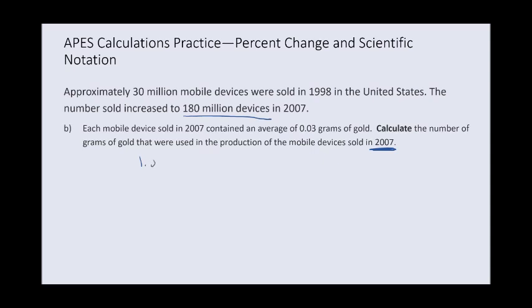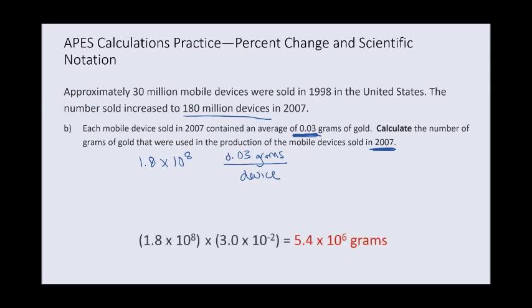So the 1.8 times 10 to the 8 number of devices. It also tells us how many grams of gold are present in each one of these devices. So I've got 0.03 grams per device. And that's really all that I need to know here. So let's look at the setup.